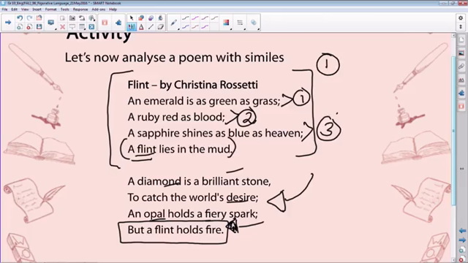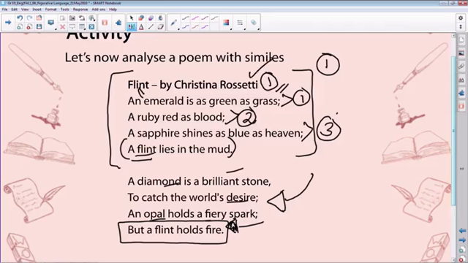If you're answering the question, think carefully about the message you want to give to the reader, or the teacher who's marking. You would phrase your answer something like this. In Christina Rossetti's poem, she uses the simile, an emerald is as green as grass. Okay, so you've identified the simile. That's important, so you will get a tick for that.